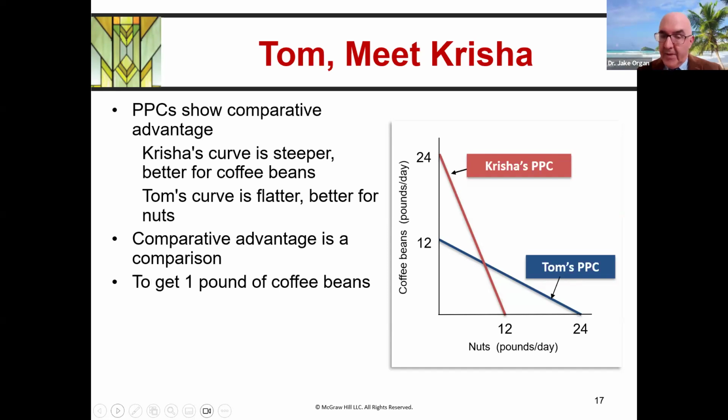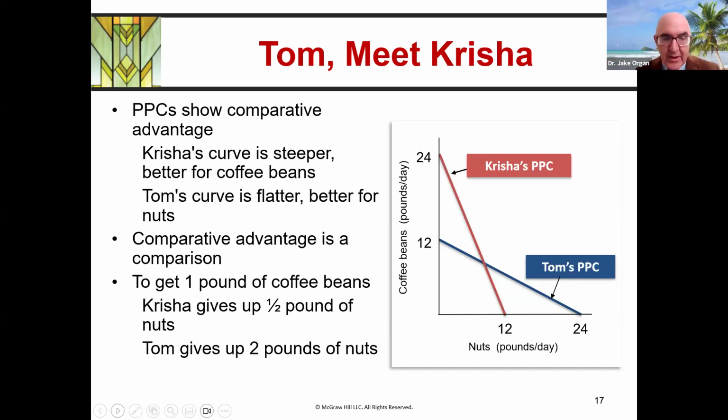And comparative advantage is a comparison. To get 1 pound of coffee beans, Krisha gives up half a pound of nuts. So she's got a lower opportunity cost, but Tom has to give up 2 pounds of nuts. So Krisha's got the lower opportunity cost when it comes to producing coffee beans.